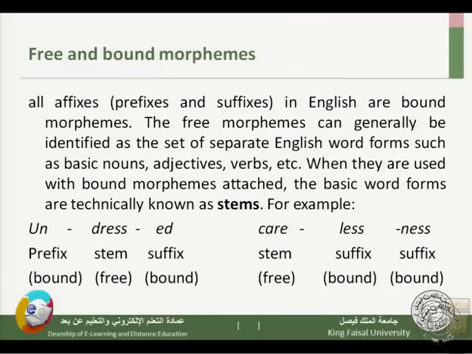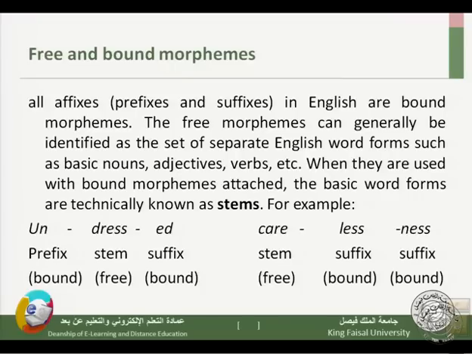From the examples as well, we understand that affixes, that's for the English language, and infixes for other languages. All affixes, prefixes, suffixes, and infixes. In English, we don't have infixes, but prefixes and suffixes in English are bound morphemes.